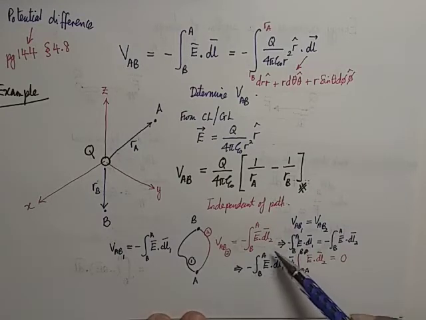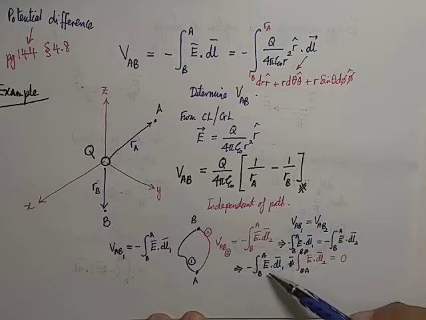So let's talk about the blue equation. This equation states that I'm taking a point charge from where to where? From B to A via which path? Path number 1.